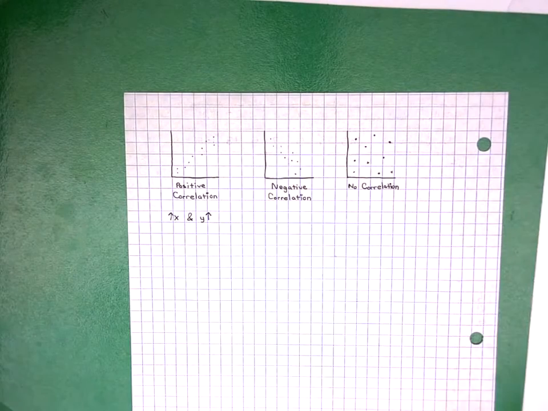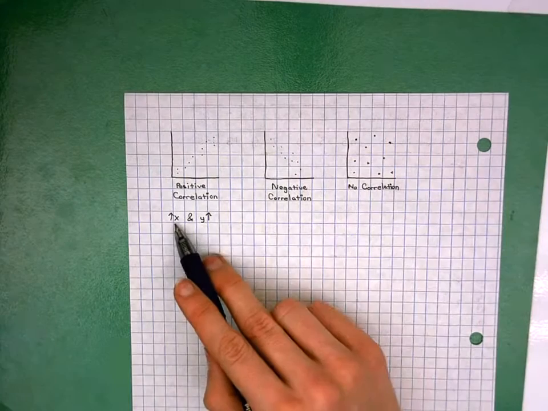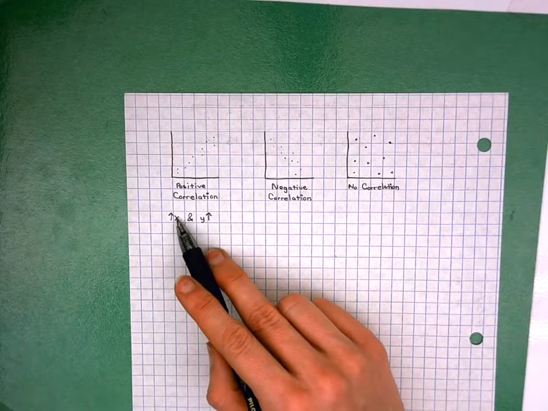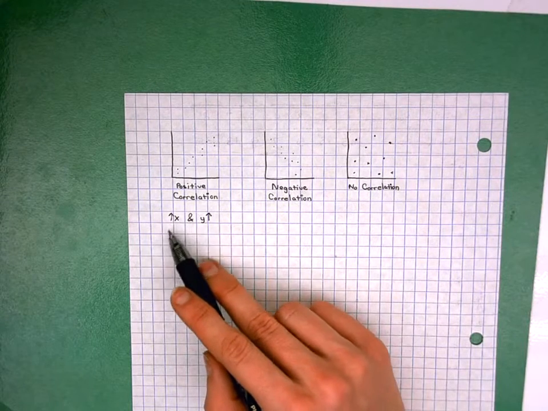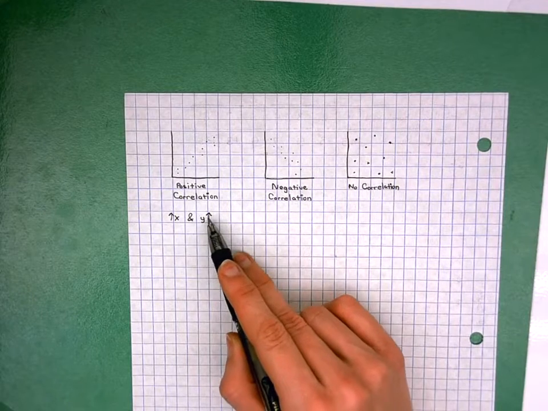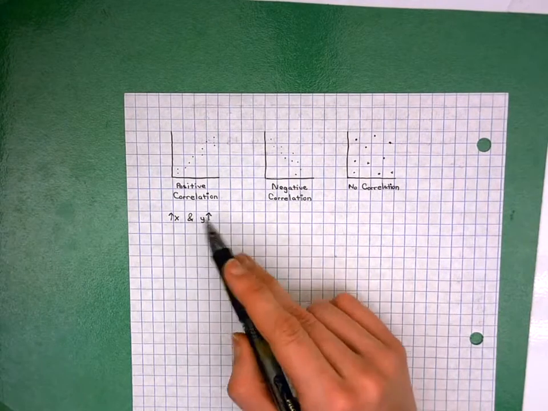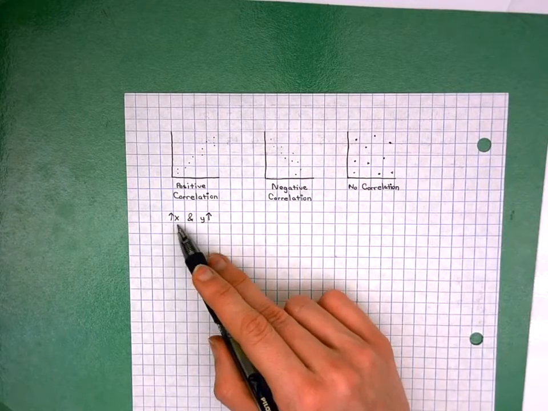For example, if you were calculating the amount of ice cream sold compared to temperature, as temperatures outside rise, right, we're entering the 80s and then the 90s and then the 100s, the amount of ice cream sold would go up, because people are going to buy more ice cream when it's hotter outside.